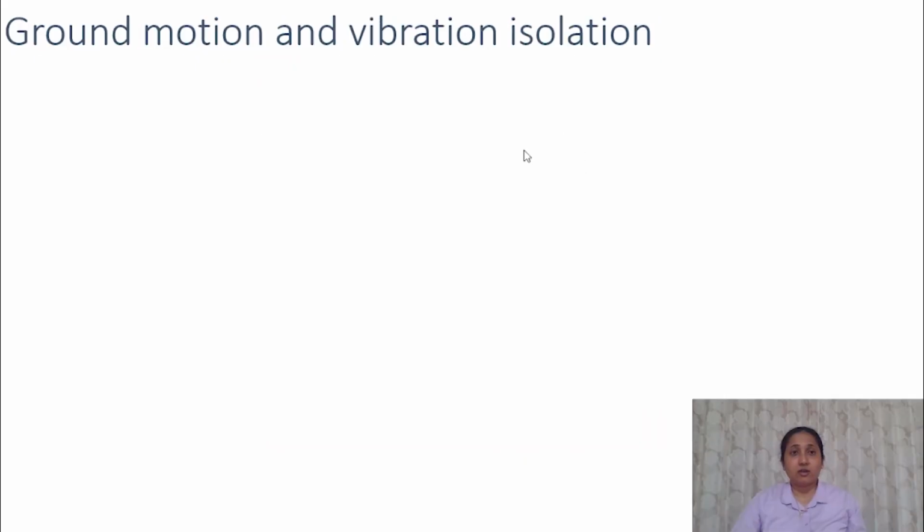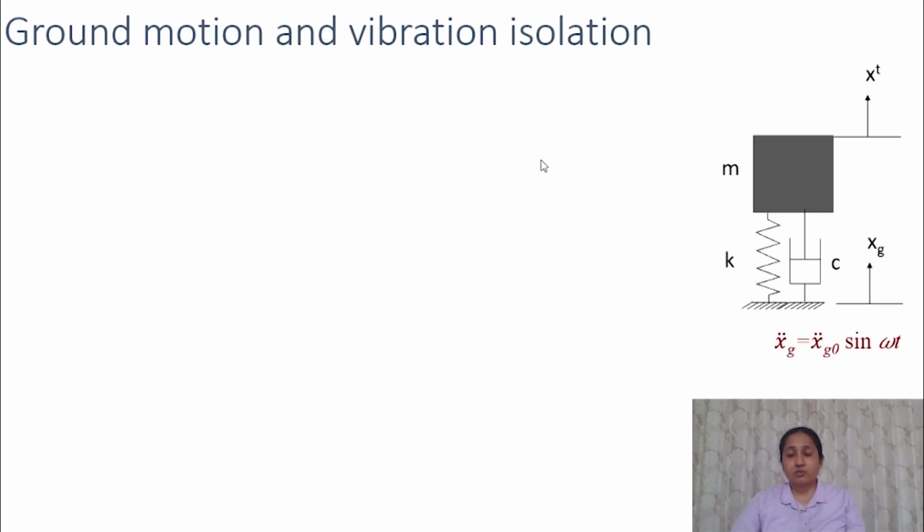Now let's see how ground motion is transmitted to a structure. So we have this single degree of freedom structure with some stiffness and damping, and it has a mass m, and at the support a ground acceleration equal to x double dot g naught sine omega t is acting.